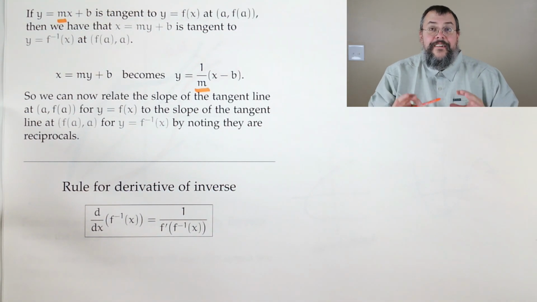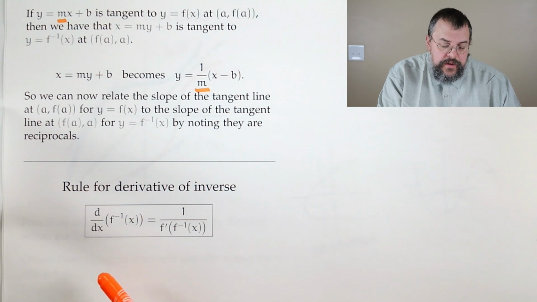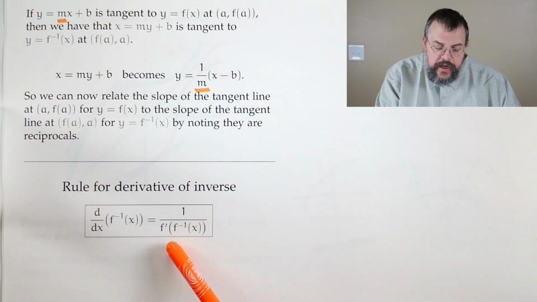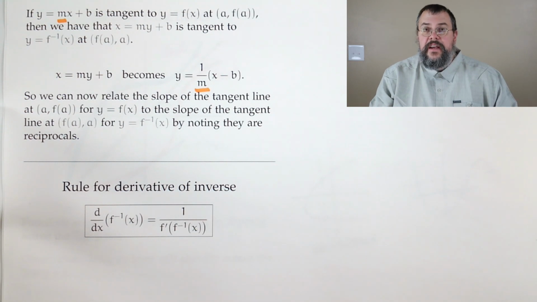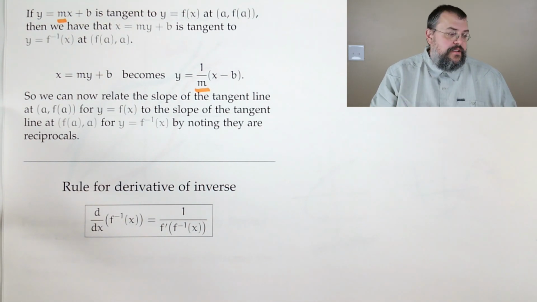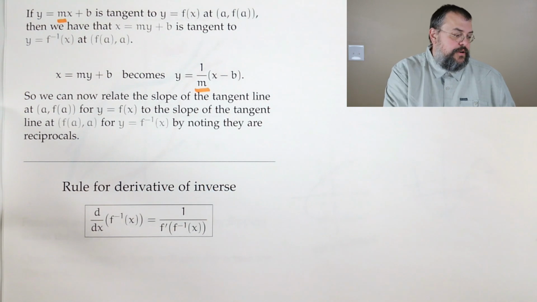So there's our rule: the derivative of f inverse of x is 1 over f prime of f inverse of x. Good. Whew. All right, now, if you don't like the geometric picture, let's talk about the algebraic approach.